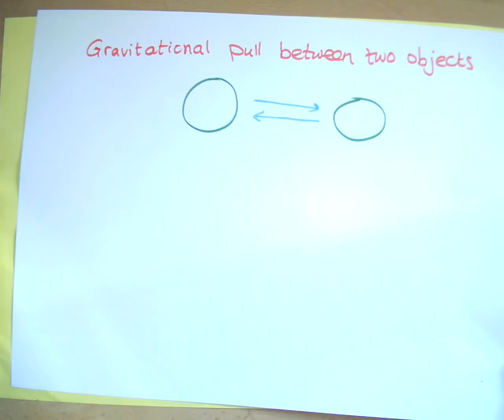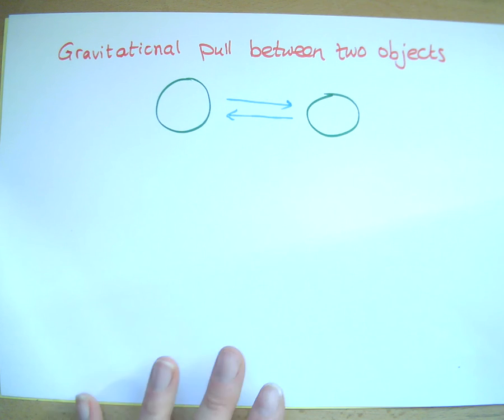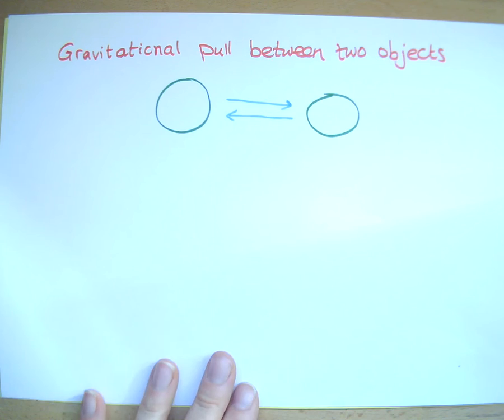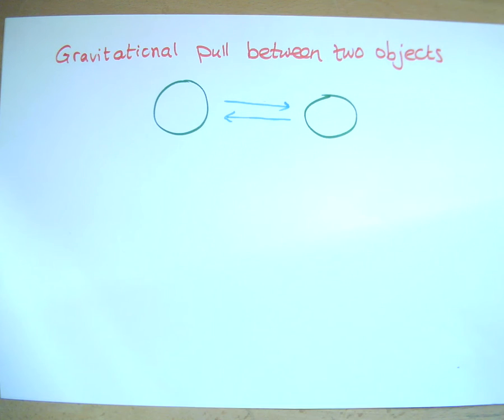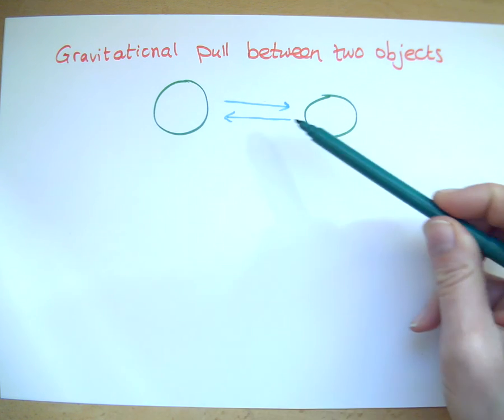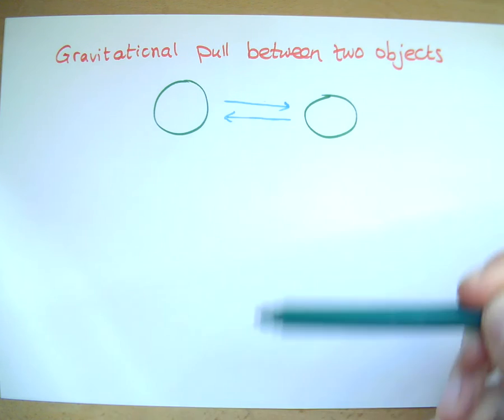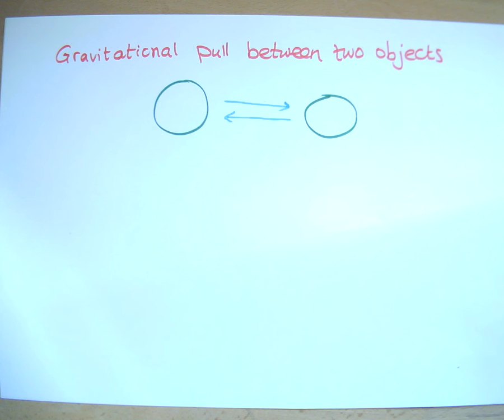Let me give you a nice real life situation where we have two variables and they are inversely proportional to each other. There is such a thing as a gravitational pull between two objects. I remember being amazed when I found this out. We aren't only pulled down towards Earth by gravity, we're also being pulled towards each other.